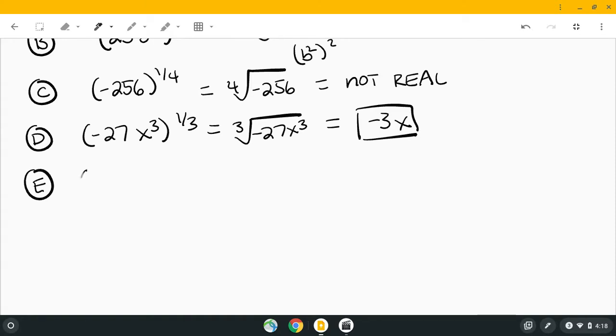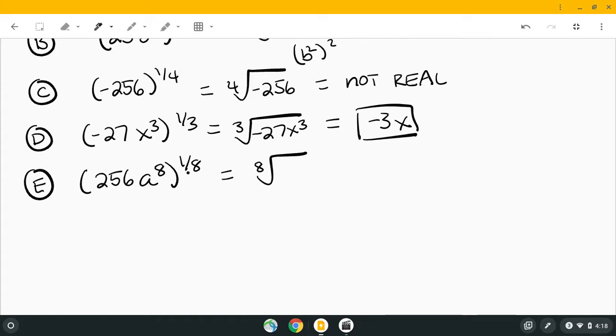Suppose that I have 256 a to the 8th to the 1/8 power. Again, that's like saying the 8th root. Whenever you have this fraction, it's a root. So 1/8 means 8th root, 1/3 means cube root, 1/4 means 4th root.